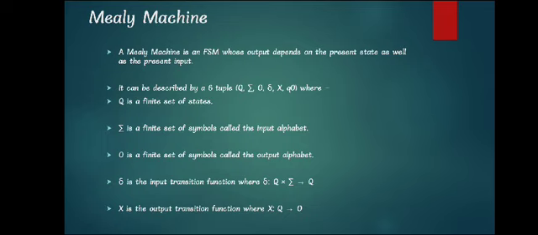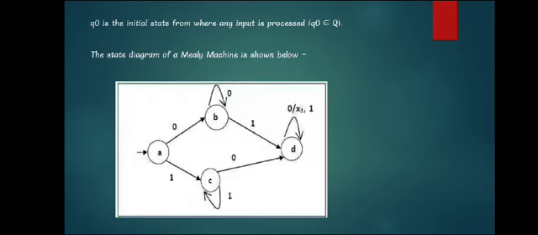Delta is the transition function, described as Q cross sigma gives you Q, which means we have a state Q to which we give an input alphabet, and this expression gives you a state from the set Q again. Then psi is the output transition function, described as Q gives you output. Q0 is the initial state from where we have to begin the process.